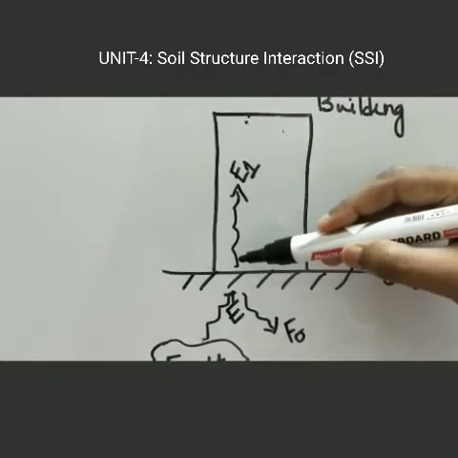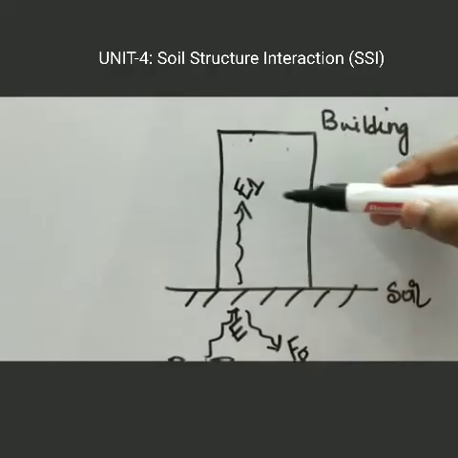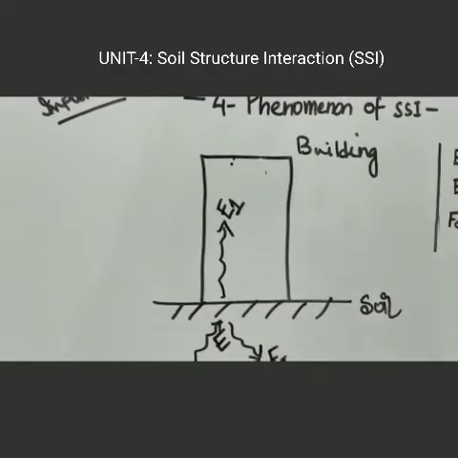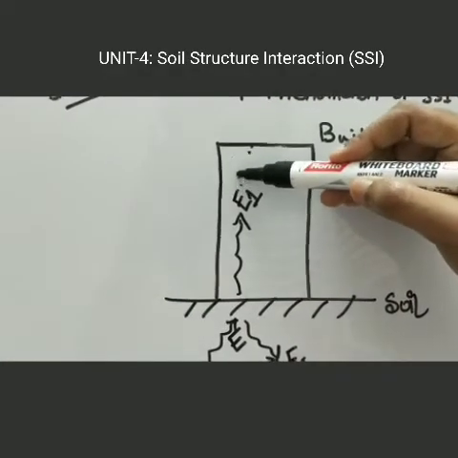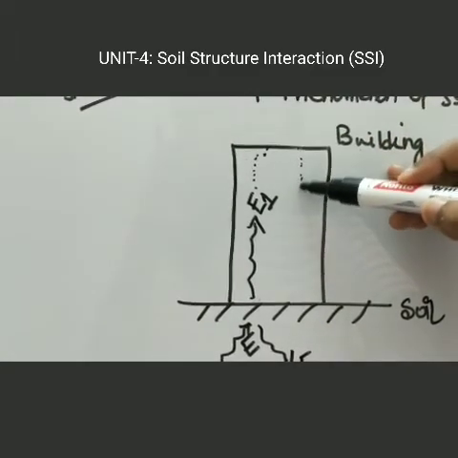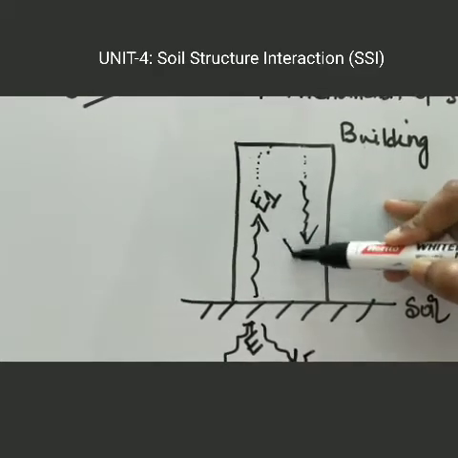Now when this transmission wave E1 travels upward, the building will start to vibrate, and as it reaches the top portion of the building, it will again have a downward motion, suppose F1.